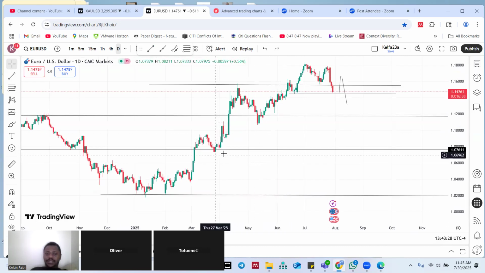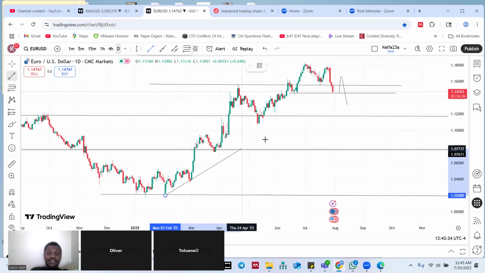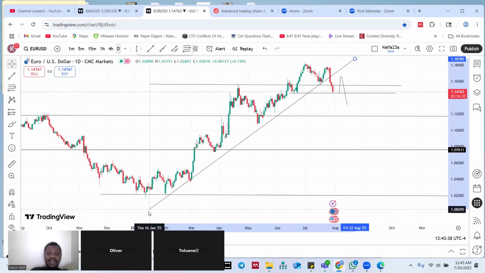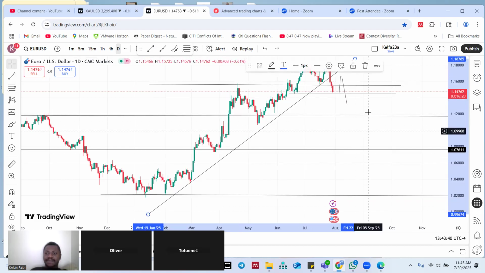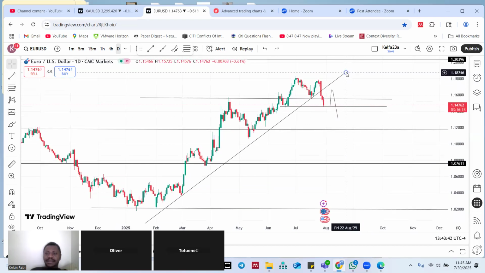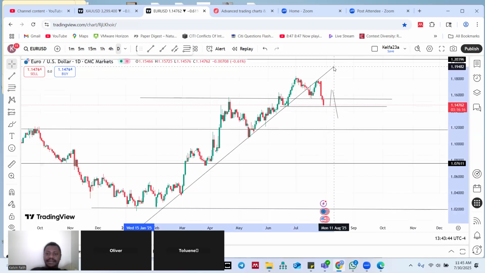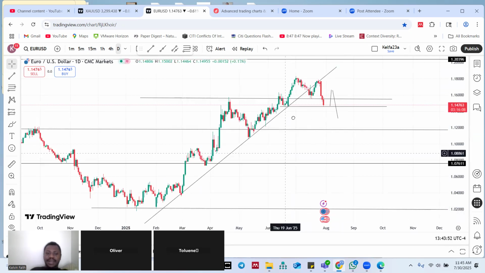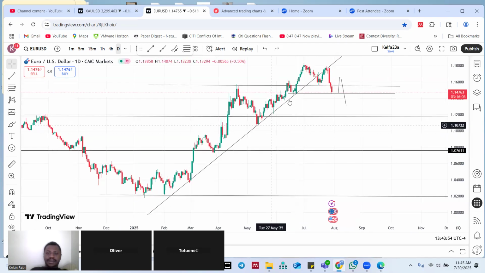notice there are still swing lows within the range as price was moving up. So let me draw this trend line to guide us. This trend line is comfortably taken out. This trend line is comfortably broken, okay?